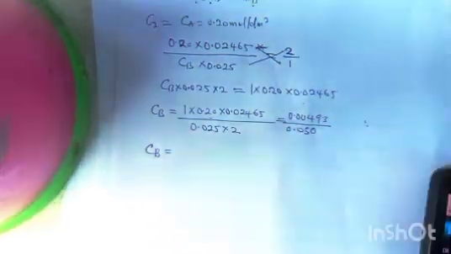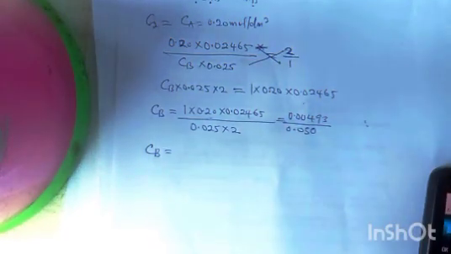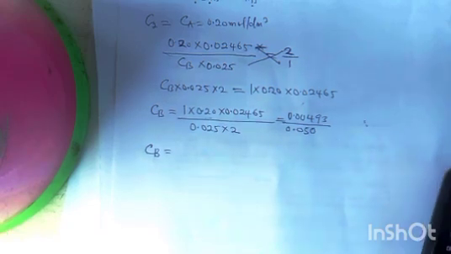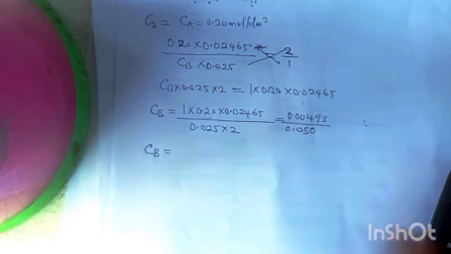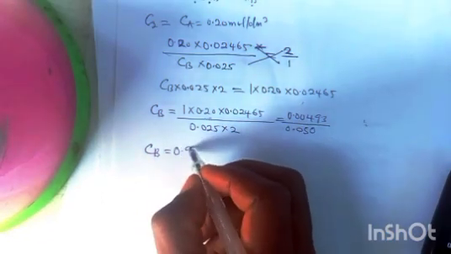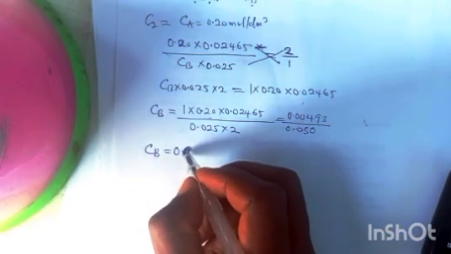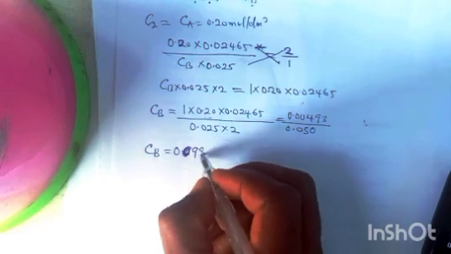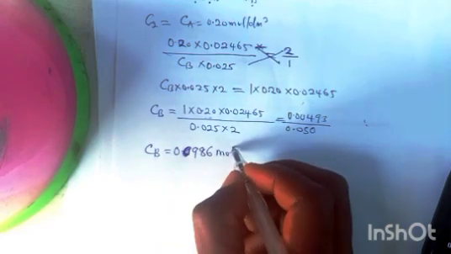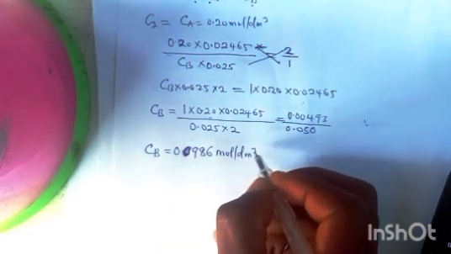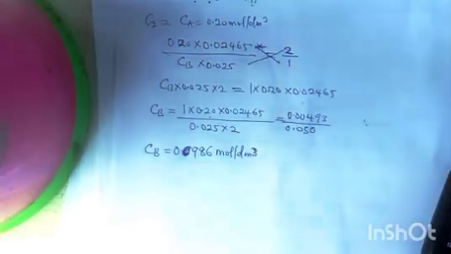So at that point we'll now divide this by 0.050, which is equal to 0.90986 mole per dm cube. So that is how we solve that.